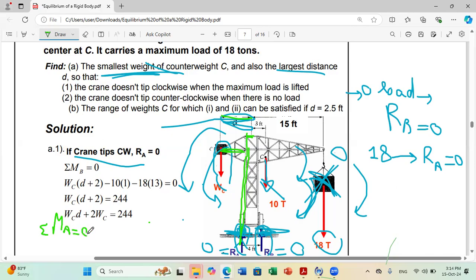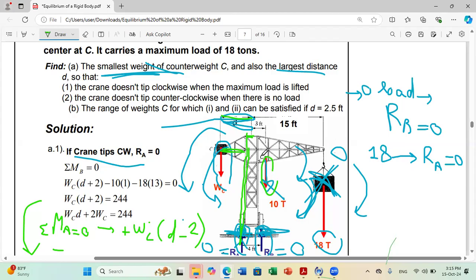My first equation, and if I consider the counterclockwise as positive, I have plus WC times a distance of D minus 2, and then I need to consider now the moment of 10 tons, which is clockwise, so minus 10 times which distance. I take this line and I project.